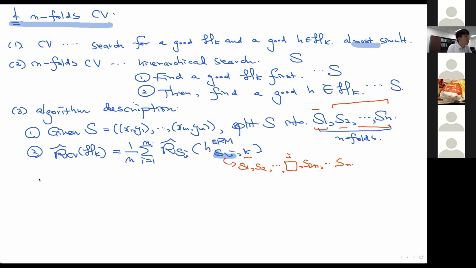And then step 3. We fix K star, which is something that has the minimum cross-validation error.